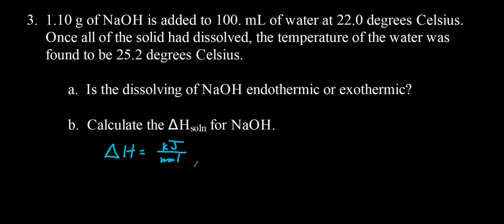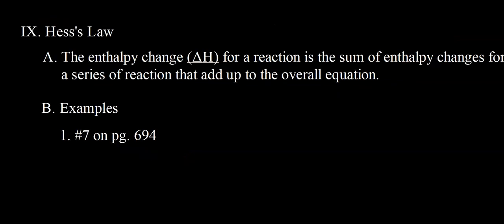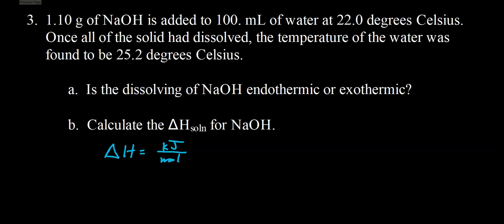So let's go ahead and set this up. Once again, we want to calculate the amount of energy gained by the, I'm going to say solution here. And to do that, we're going to use Q equals mCΔT. We have 100 milliliters of water. Density of water is 1 gram per milliliter, so that gives us 100 grams.